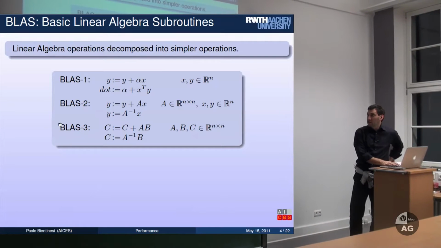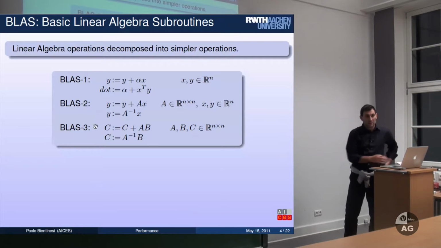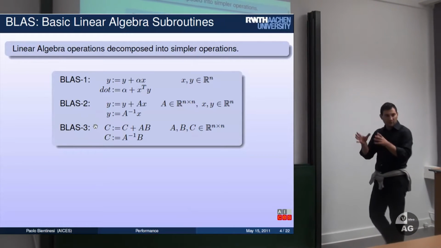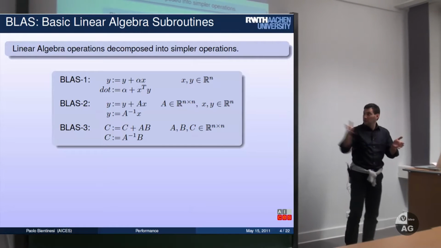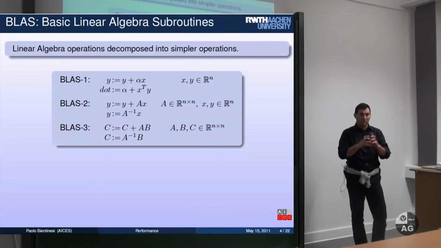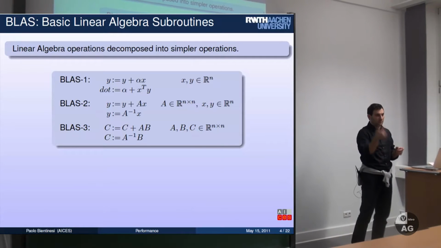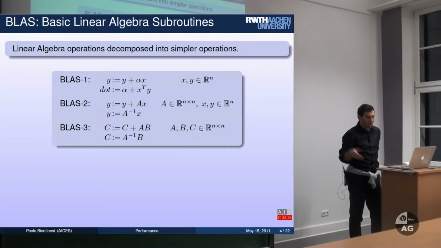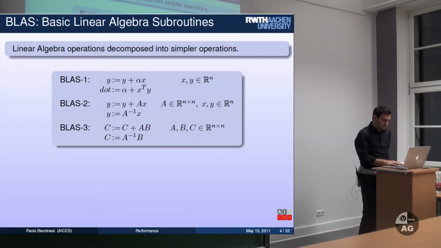And also notice that even though a BLAS 3 operation can, in principle, be broken down in terms of BLAS 2 and BLAS 1 operations, this does not happen, and BLAS 3 is solved on the spot. So a BLAS 3 operation is reduced and brought down to small BLAS 3, but then that is computed directly without subcalls to lower level BLASes. Okay, what is this guy over here? It's another BLAS 3 operation.